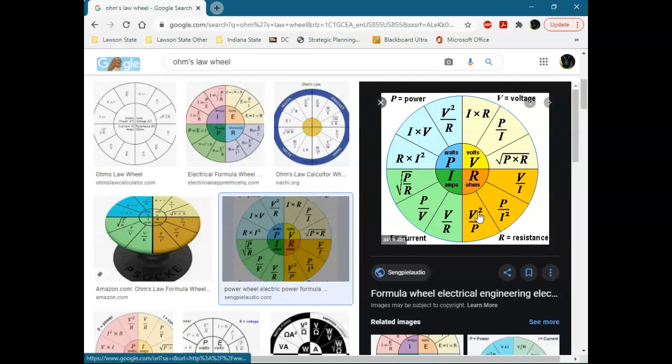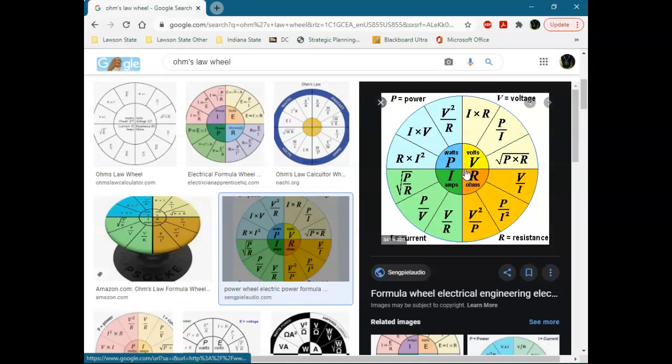You either square I or you square V. Current is the square root of P divided by R, P over V, or V over R. And then you have watts, which is V squared divided by R, I times V, and R times I squared.